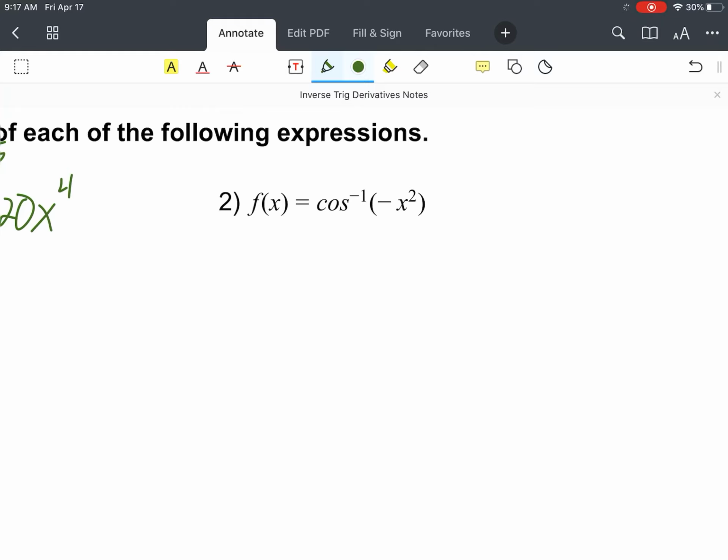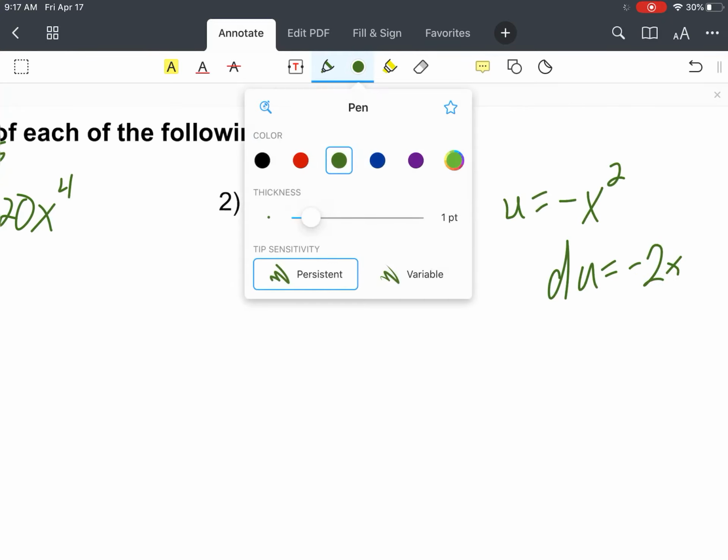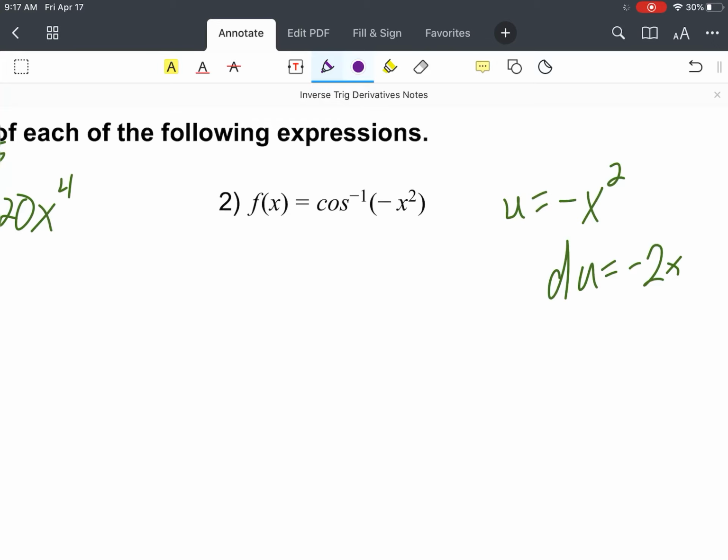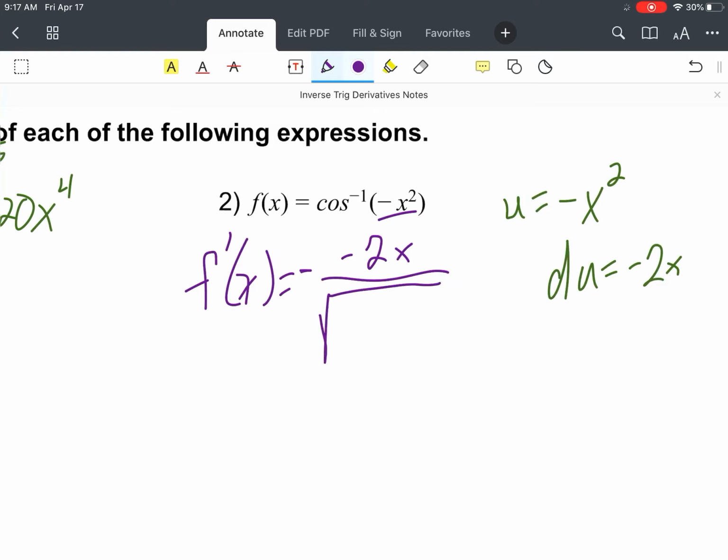Okay. Arc cosine. Now the formula for arc cosine is exactly the same as arc sine, only there's a negative out in front. So in this case u is negative x squared, du would be negative 2x. Okay, so if I wanted to find this derivative, I need to take the derivative of the inside, so that's negative 2x, put it on top.